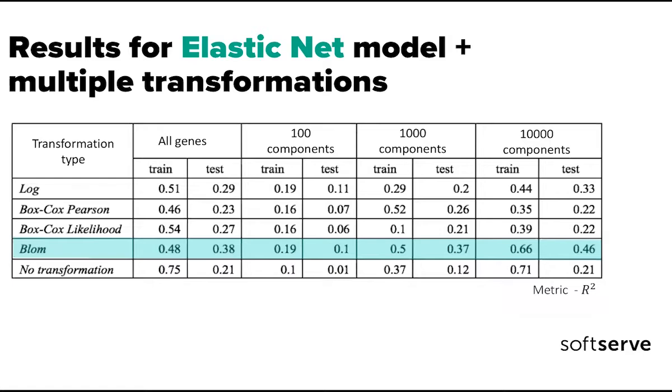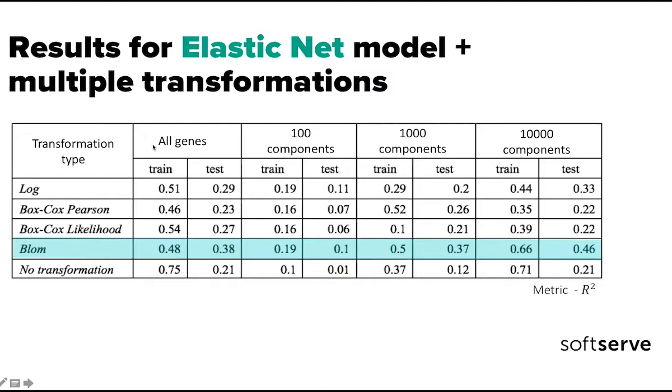These are the results. So here we have multiple tests. All these tests are for ElasticNet, but we have different transformation types and different features. First, we can see that the results from no transformation are the worst. It's something that we expected. We also have results for different transformation functions.